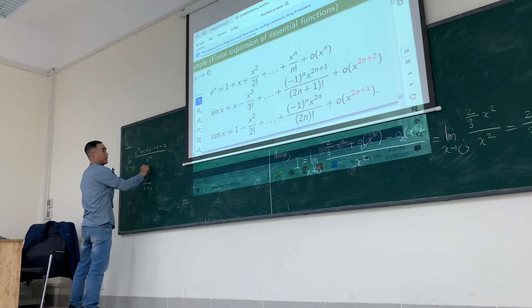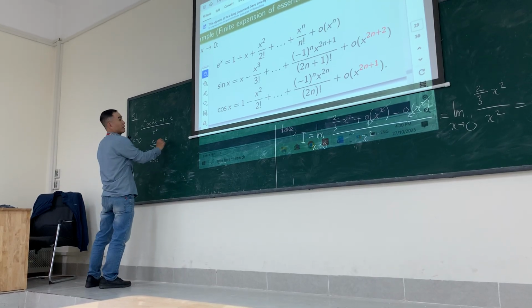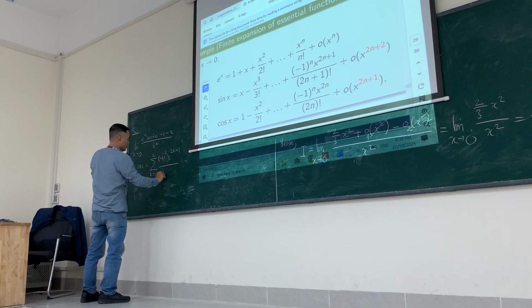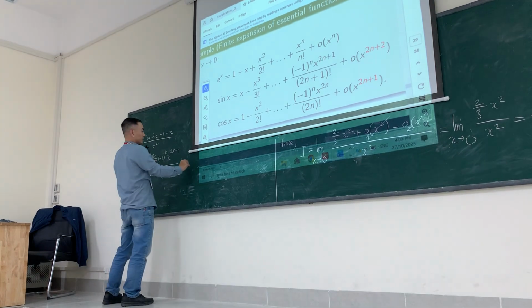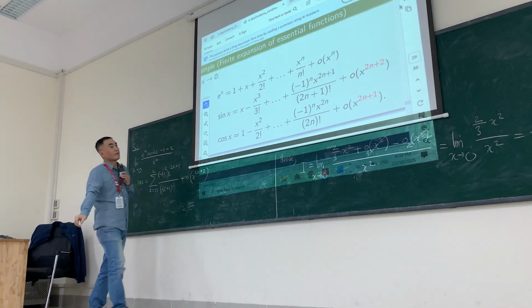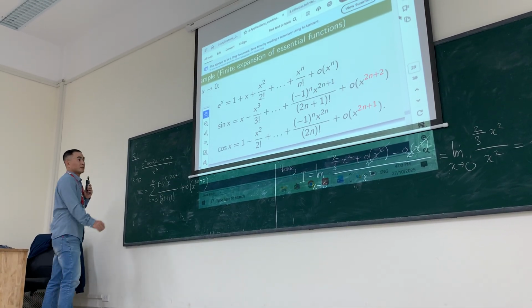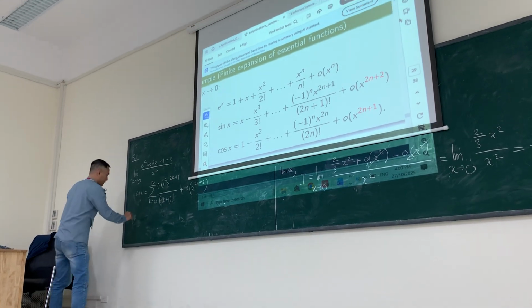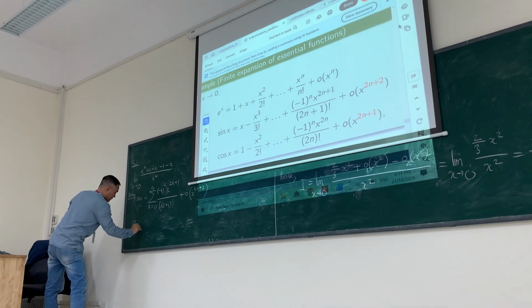Sum k equals 0 to n, negative 1 the power k times the x power 2k plus 1 over 2k plus 1 factorial, plus literal O x to power 2n plus 2. Okay, we have the cosine x.